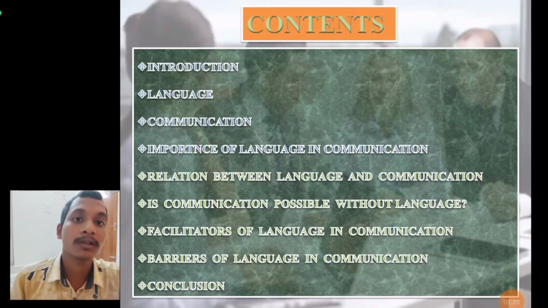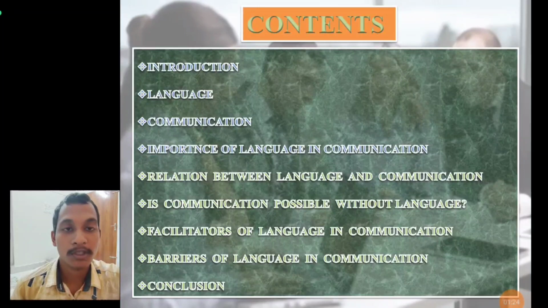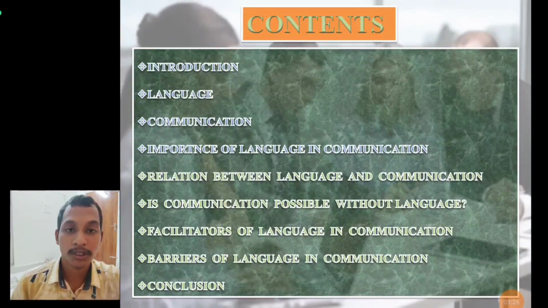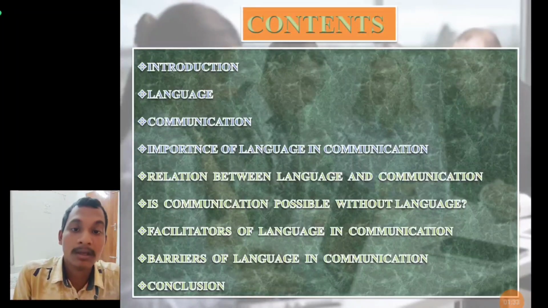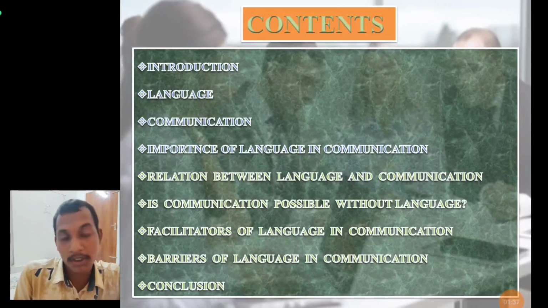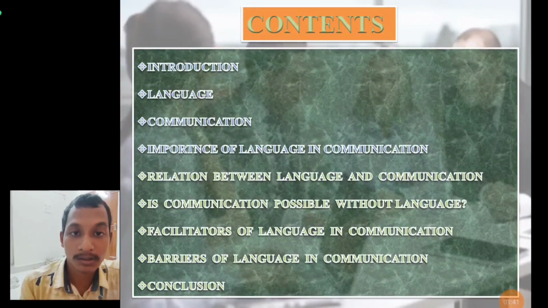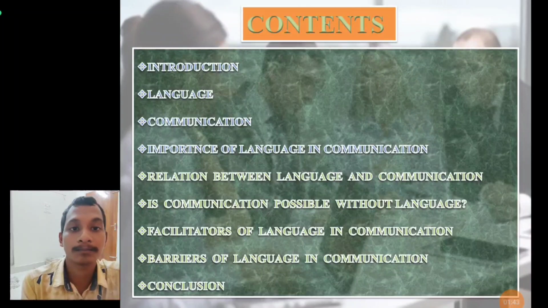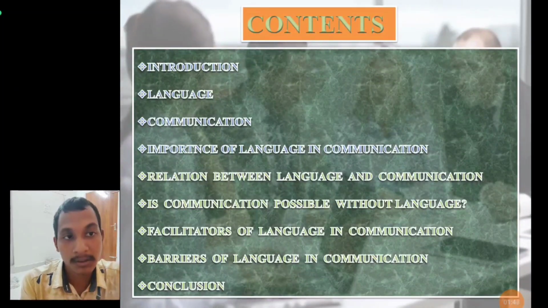Here is my content. At first I will discuss the introduction of this topic. Then I would like to share the basic criteria of language, then communication and its basic criteria, then the importance of language in communication, that means what the importance of a language is in communication, then the relation between language and communication.